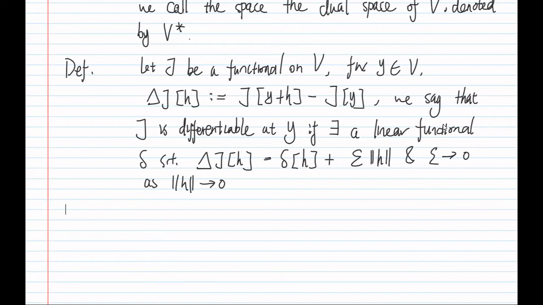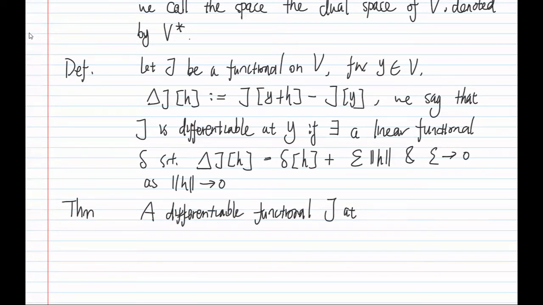So now let's prove this theorem that basically states that the first variation is unique. So theorem: a differentiable functional J at point y has a unique first variation.